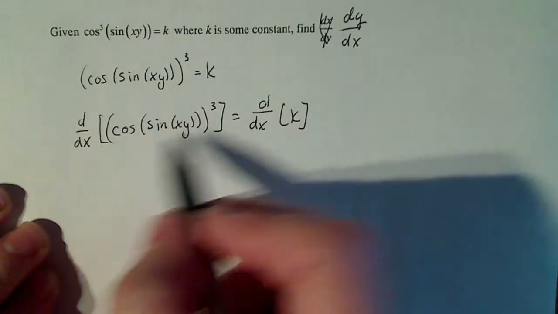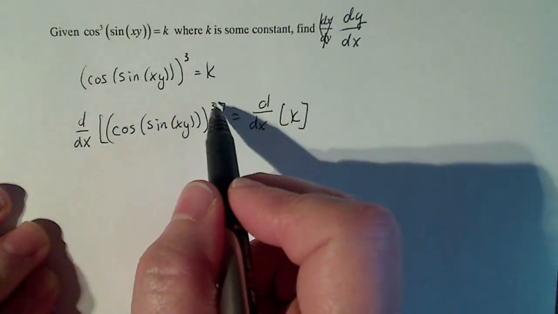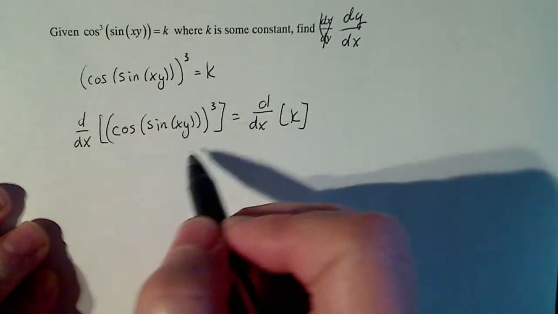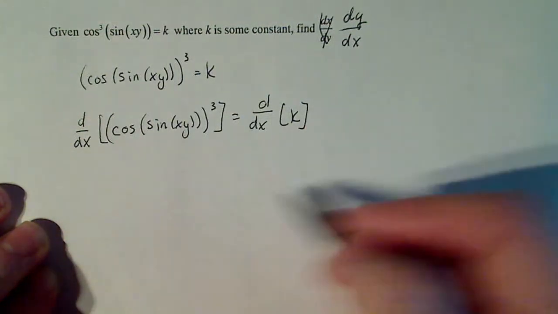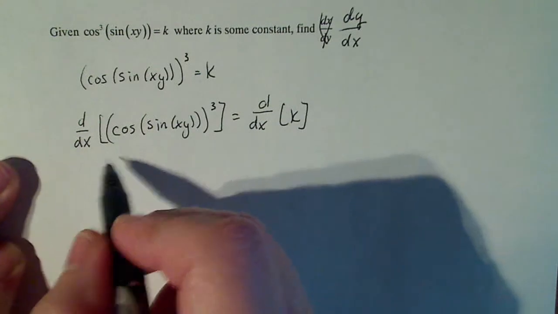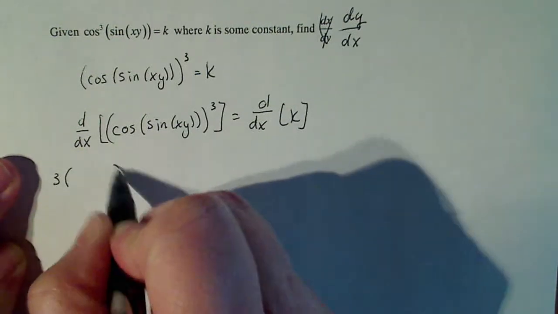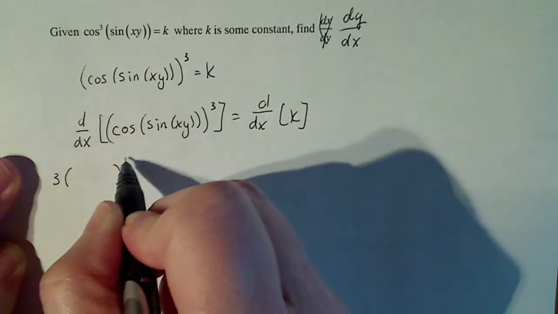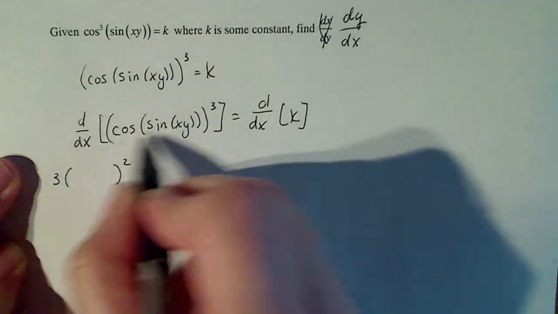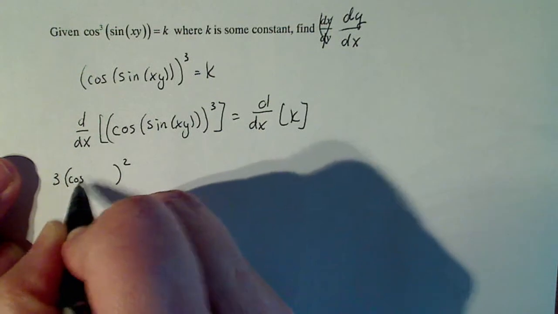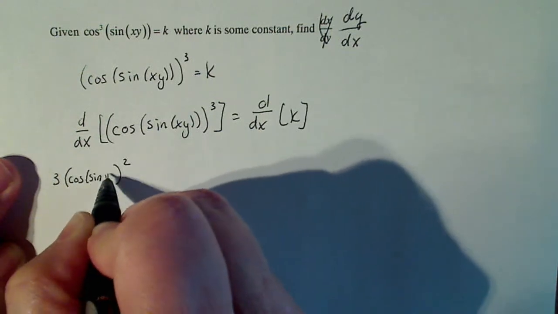All right. The chain rule here is I'm going to take the derivative of the outside consistently all the way through and see what we get here. So take the derivative of the outside, that's 3 raised to the second power. And the interior stays the same. So it's cosine, I'm going to run out of room here, sine of xy.